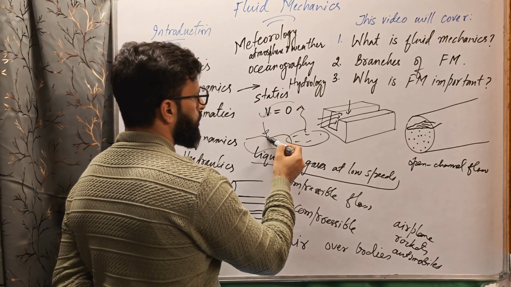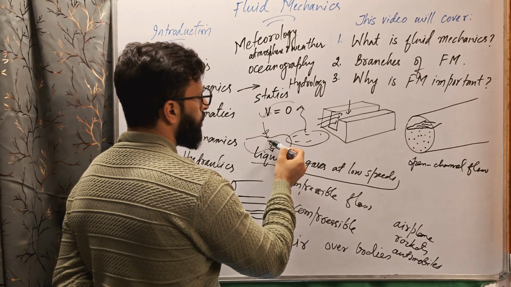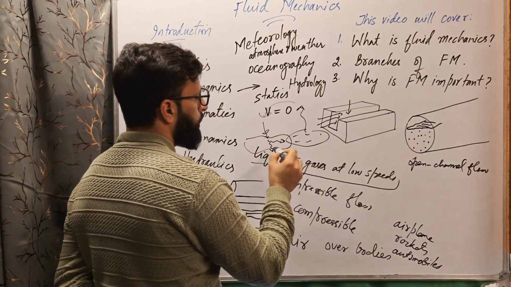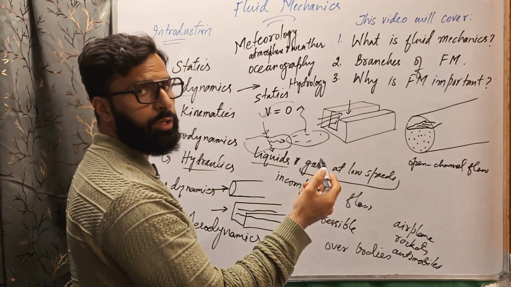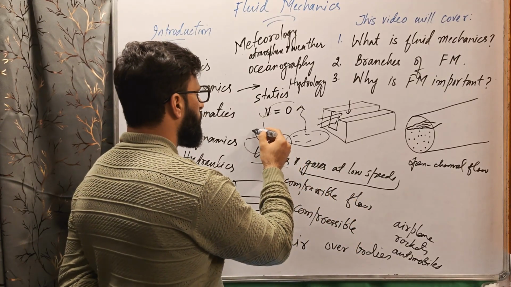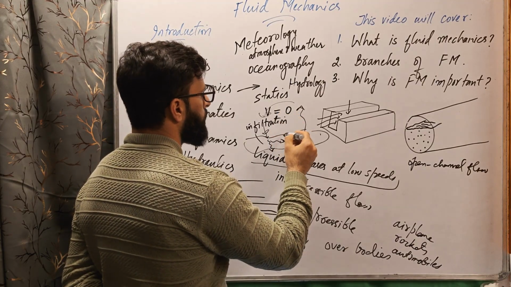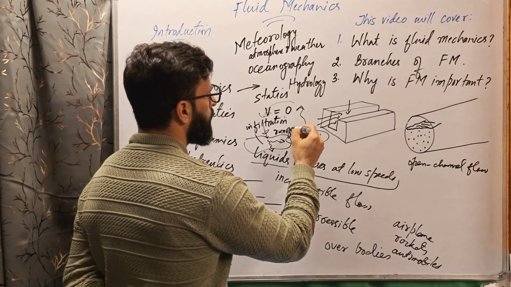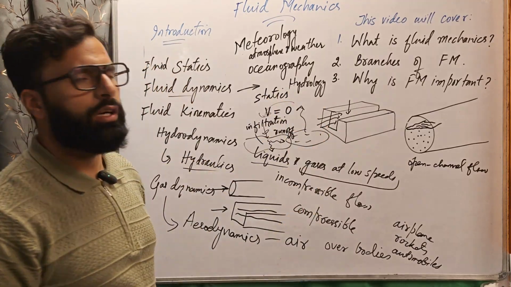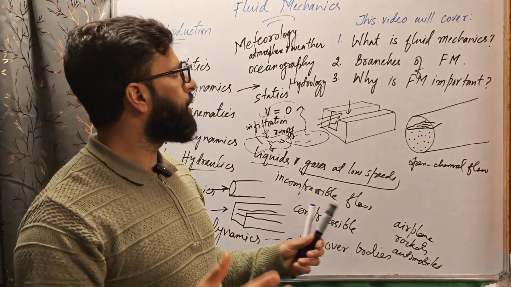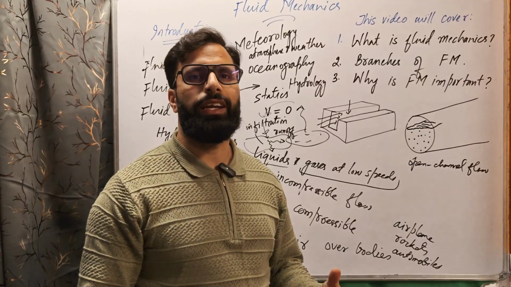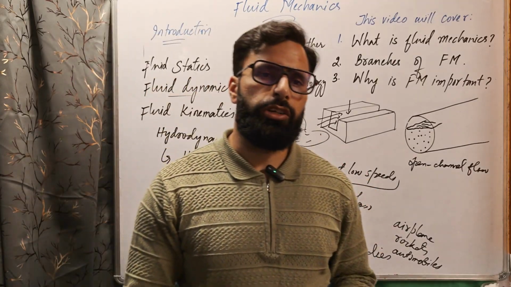When it falls, it either goes inside the earth or flows over. The part that goes inside and becomes part of the groundwater is called infiltration, and the part that flows over the surface is called runoff. The study of all this is called hydrology. So these are the various branches of fluid mechanics and these specialized branches.